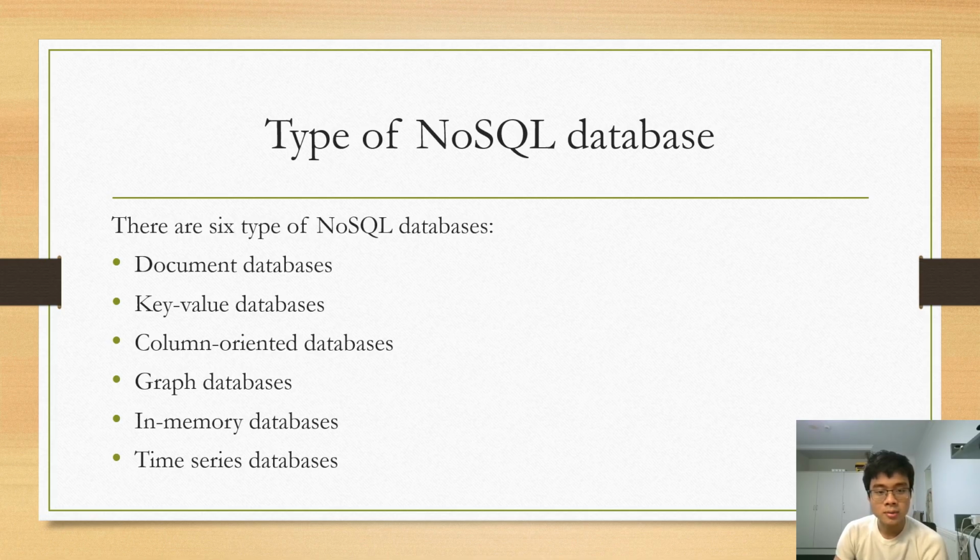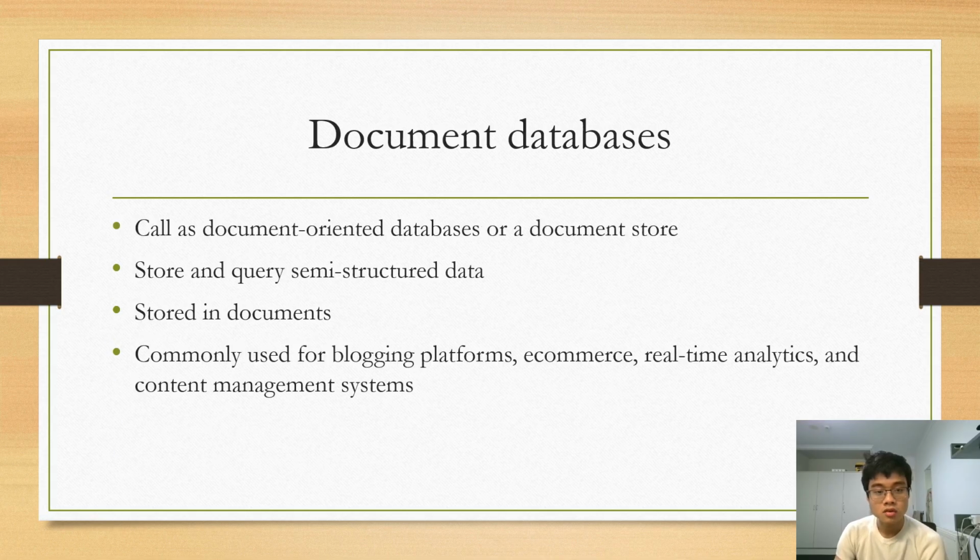Now we are going to talk about the types of non-SQL database. There are 6 types of non-SQL database: document database, key value database, column-oriented database, graph database, in-memory database, and time series database. For document database, it can also be called document-oriented database or document store. It stores and queries semi-structured data.